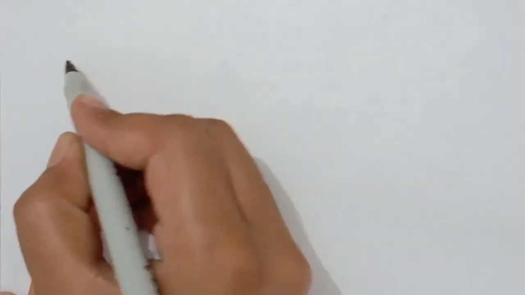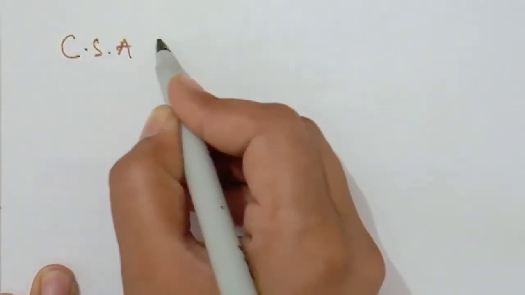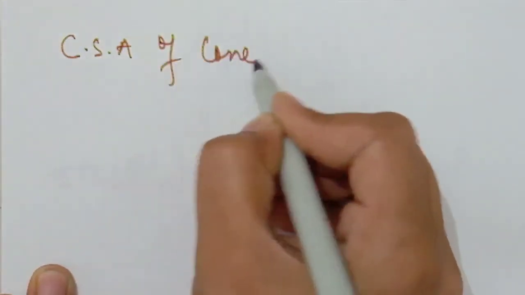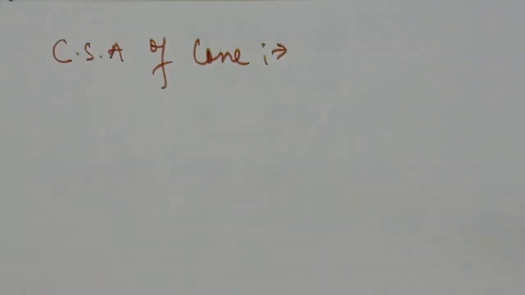So students, when we are talking about the curved surface area of a right circular cone, there is a small derivation for the cone.